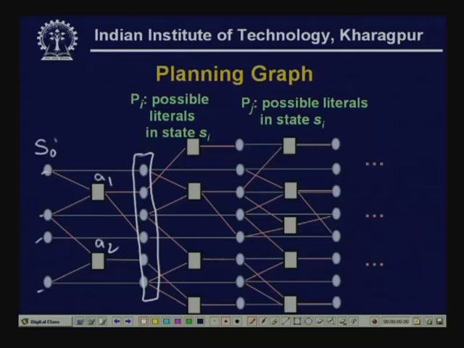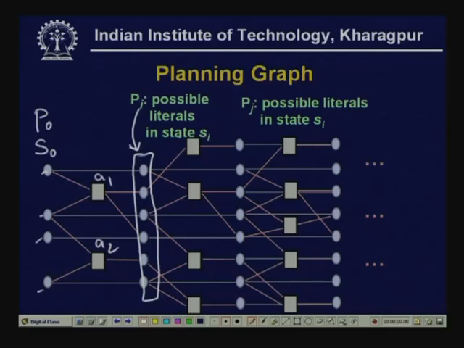So, let P0 be the set of propositions that can hold in state S0, and let Pi be the possible set of propositions that can hold in state Si. So, this set is called Pi.